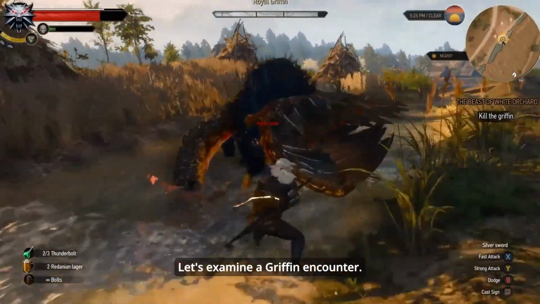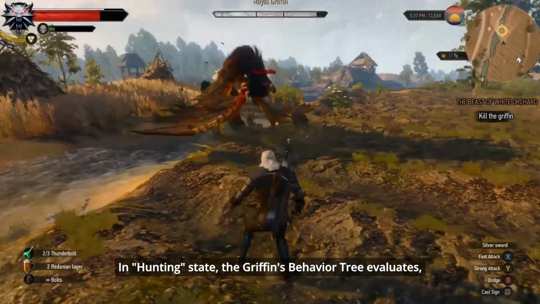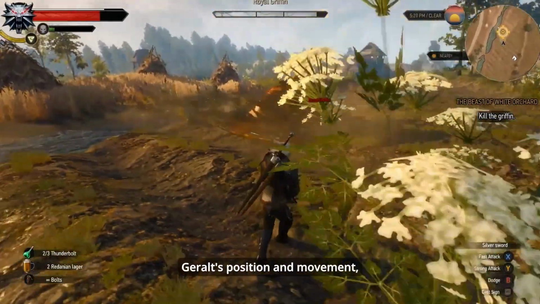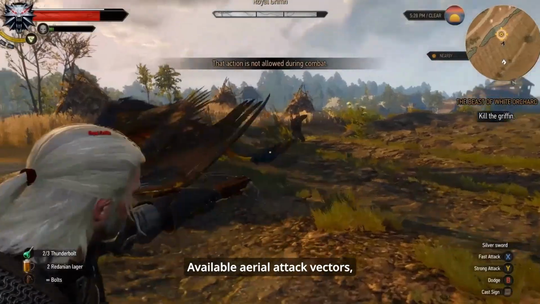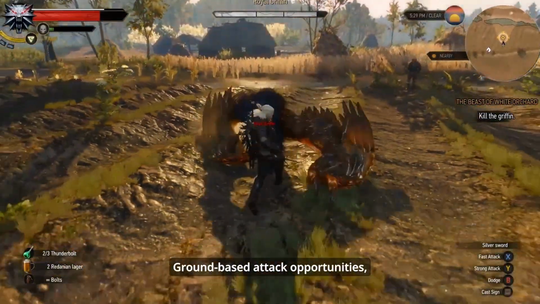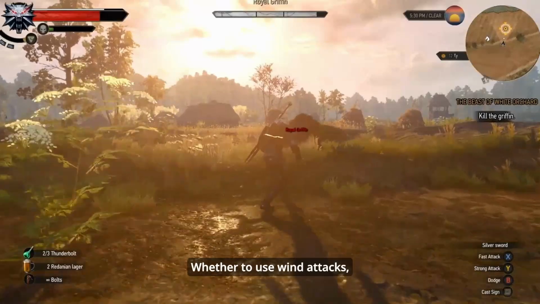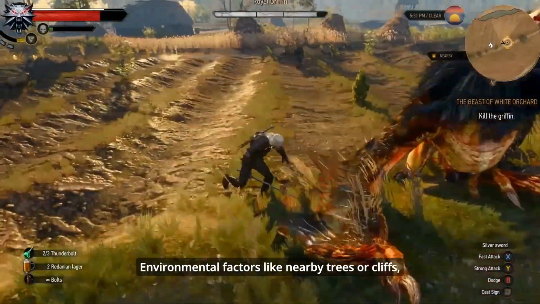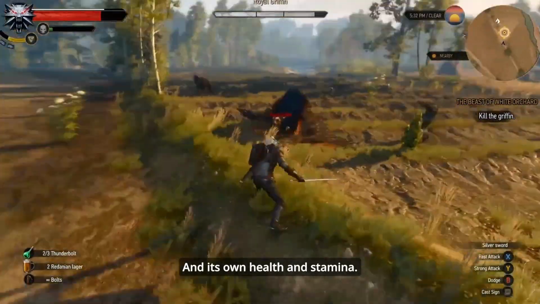Let's examine a griffin encounter. In hunting state, the griffin's behavior tree evaluates Geralt's position and movement, available aerial attack vectors, ground-based attack opportunities, whether to use wind attacks, environmental factors like nearby trees or cliffs, and its own health and stamina.